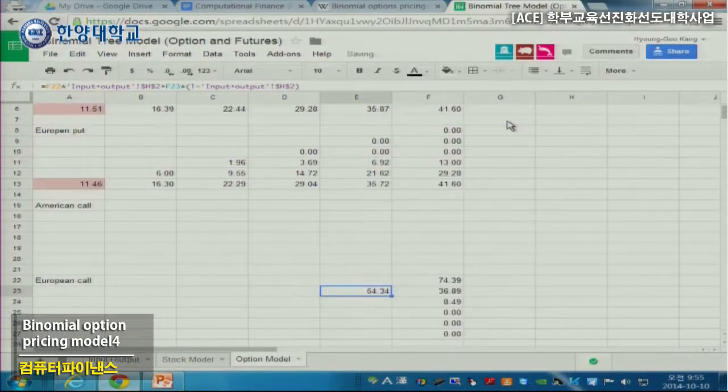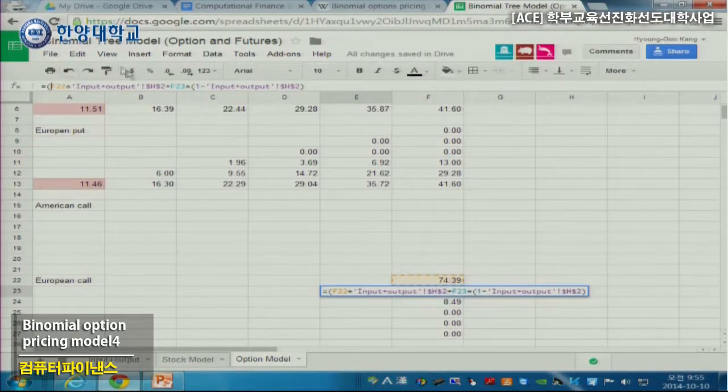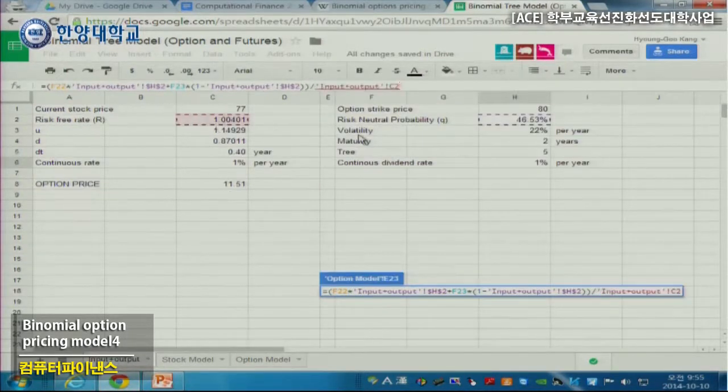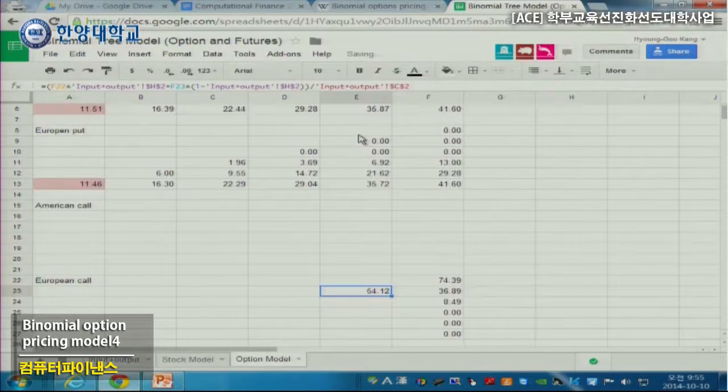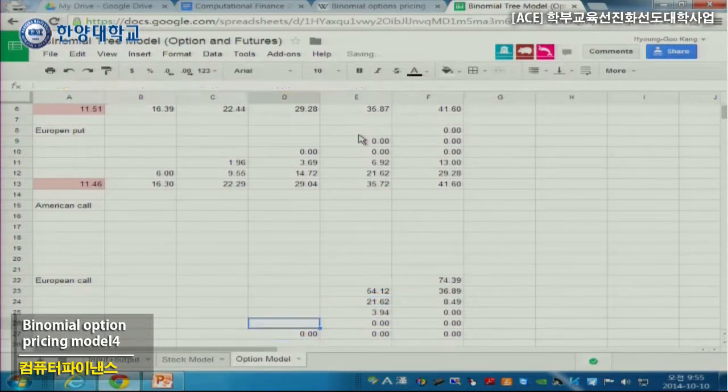Okay, so this is the expected value, and then we have to discount it back with the discount factor. Okay, this one. We can bring this.